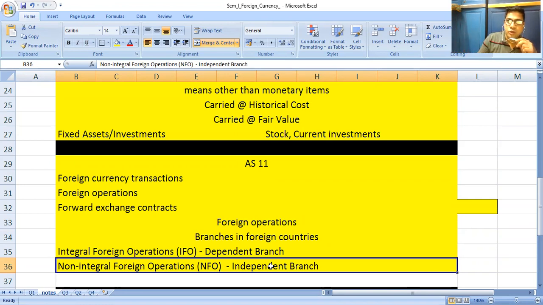It is called an independent branch, and whatever foreign operation transactions are there, they record them. It is called a non-integral foreign operation. Integral foreign operation means dependent branch. Non-integral foreign operation means independent branch.